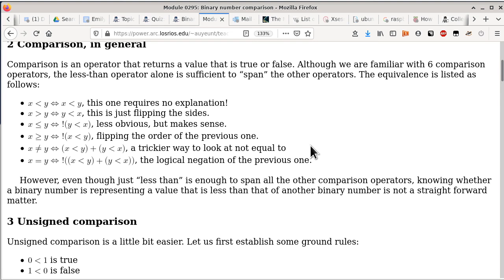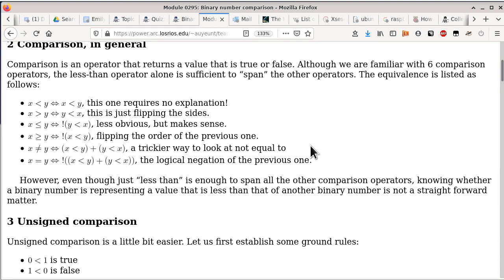So do we have any questions about how we can use only less than and the Boolean or logical operators in order to implement all of the other comparison operators that we are familiar with? Are we good? Okay.